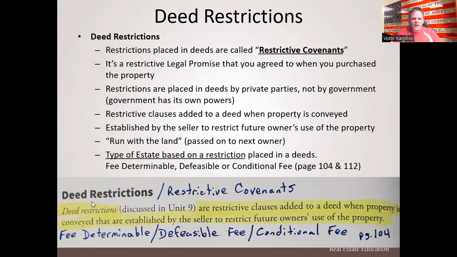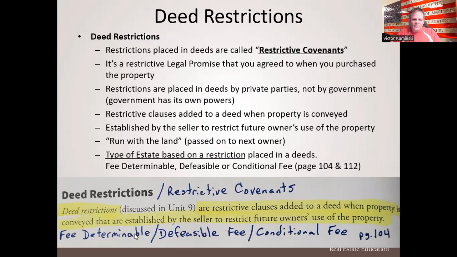So what do we call restrictions placed in deeds? We call them restrictive covenants. So next to deed restrictions, restrictive covenants, those are the restrictions that are placed in deeds. And what kind of estate in land has restrictions on it? Well, on page 104, that's where we went over that earlier in this chapter.